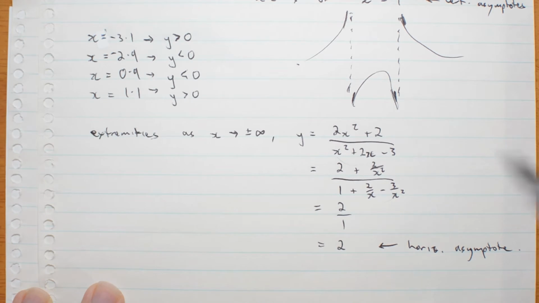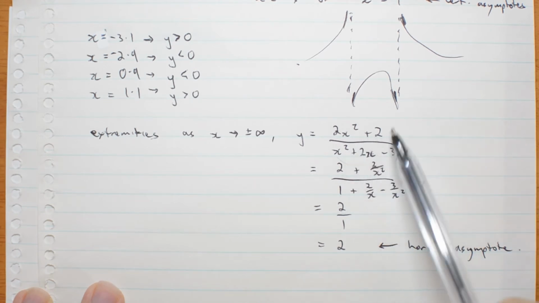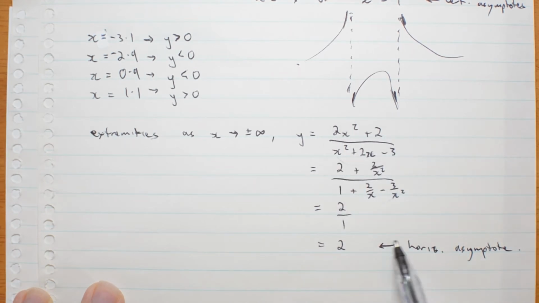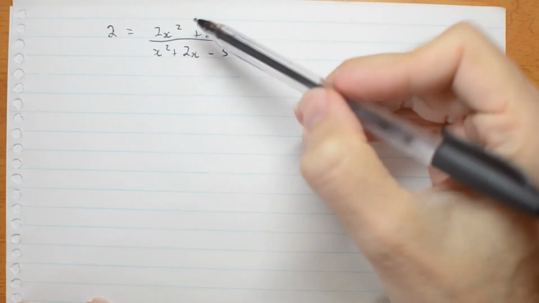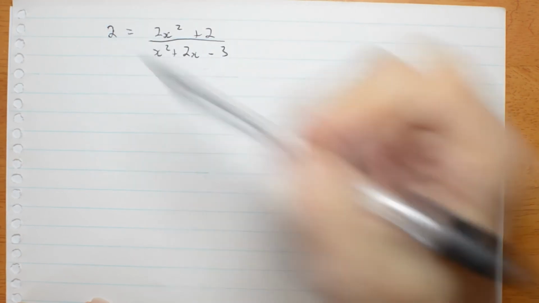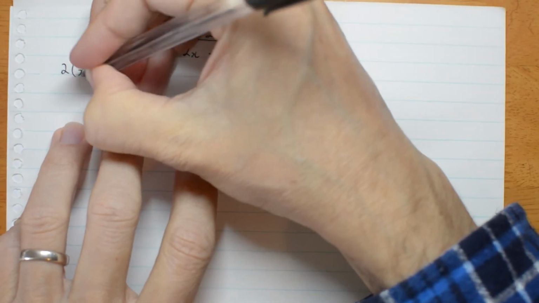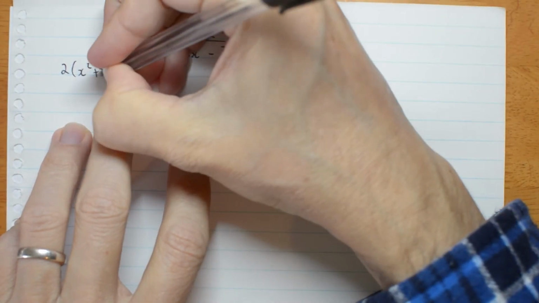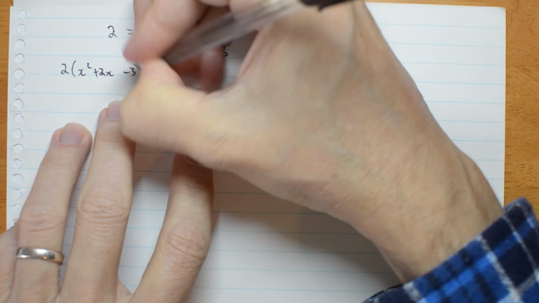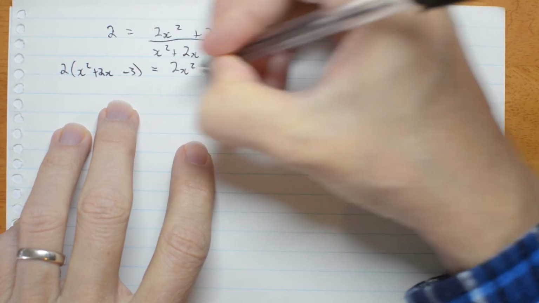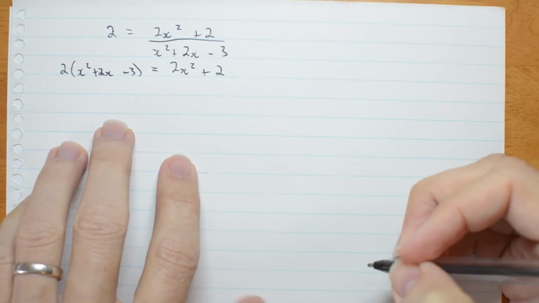So what I want to find out is, are there any points where this function crosses the asymptote? And the simplest way to do that is to make the value of the function equal to the value at the asymptote. Like this. The value of the function equals 2. Well, that means 2x squared plus 2x minus 3 equals 2x squared plus 2.